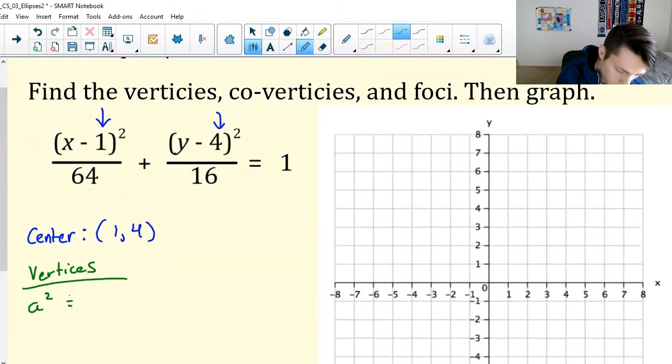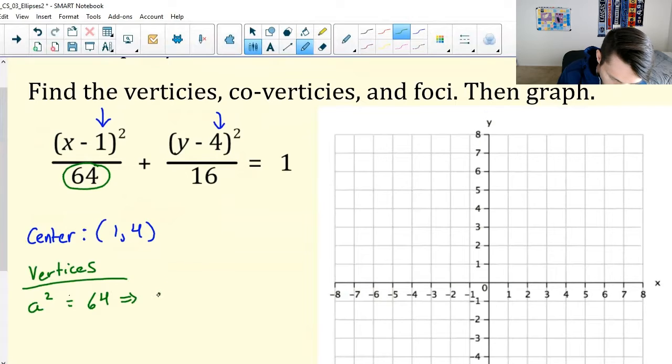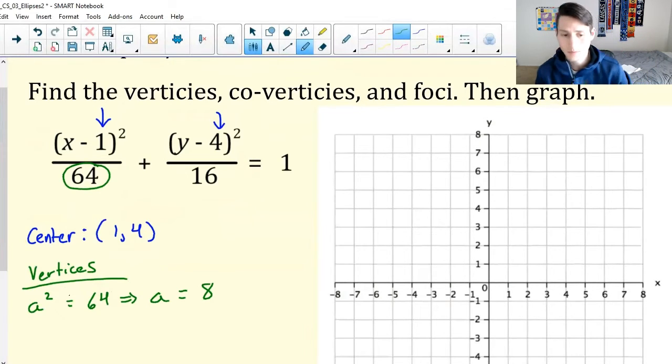Remember that a squared is always the larger of the two denominators. So in this case, it must be 64, which means that a is 8. I should now also be able to automatically tell this is a horizontal ellipse, right? Since the larger number is underneath the x value, I know the ellipse will be larger in the x direction, so wider.